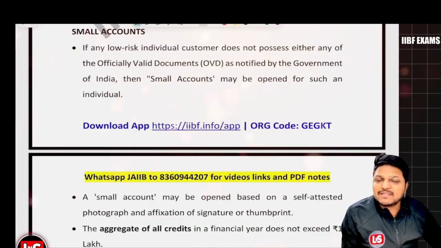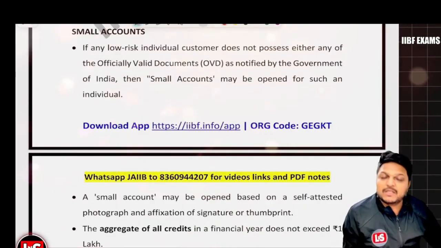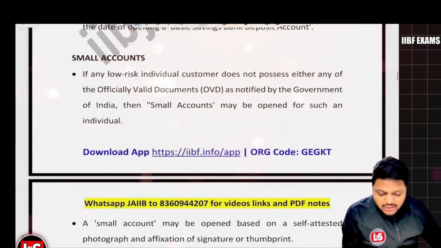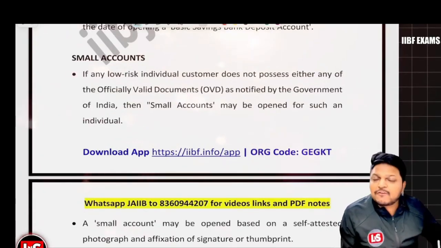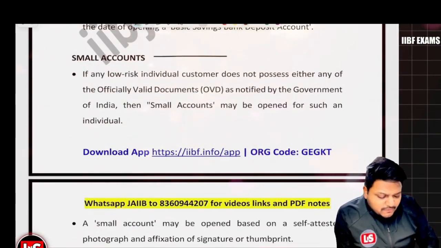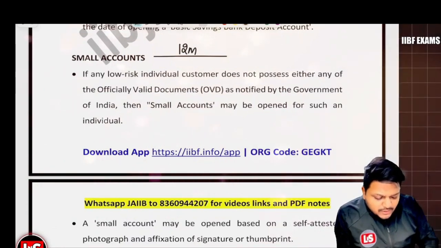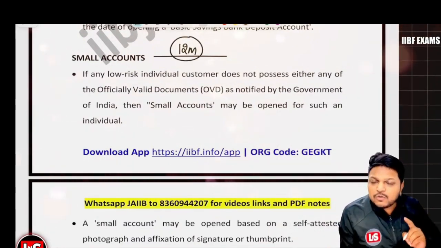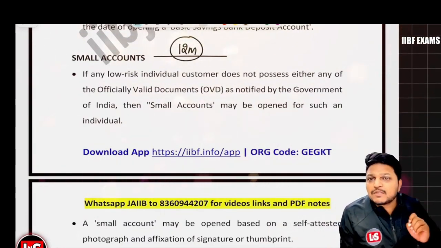Now, small account is an account where some restrictions will be there. And in this scenario, the customer is to give just self-attested photographs and the signatures. And the bank is going to give 12 months time period to the customer that you can be opening the account and operating the account with some restrictions.